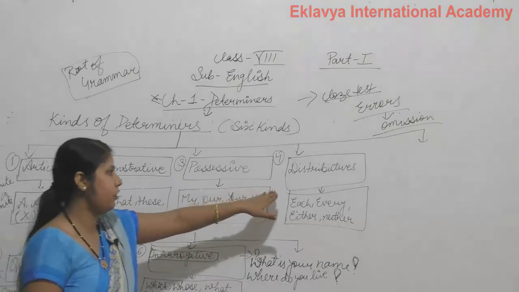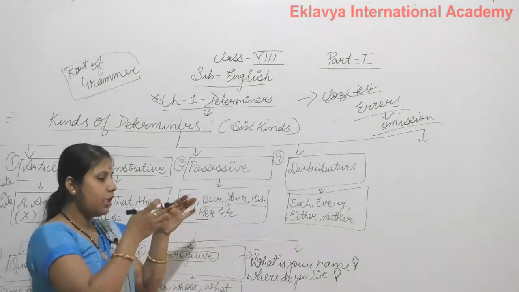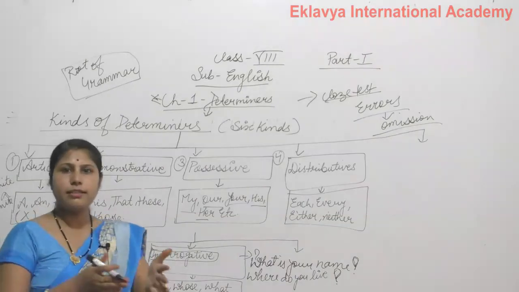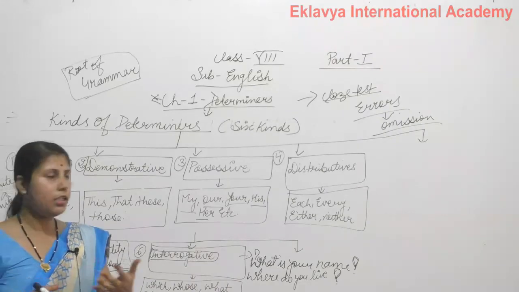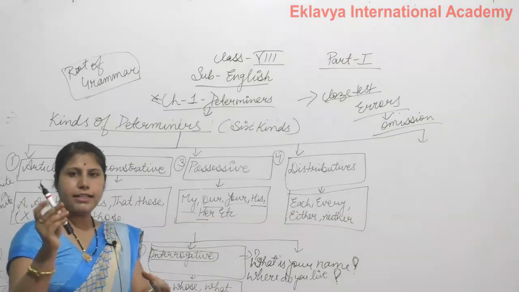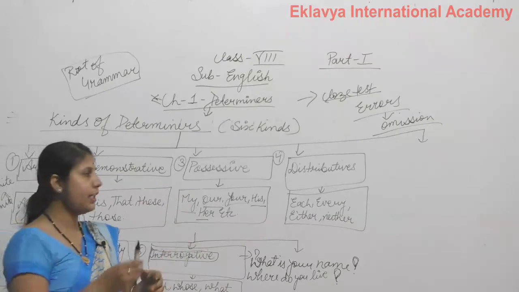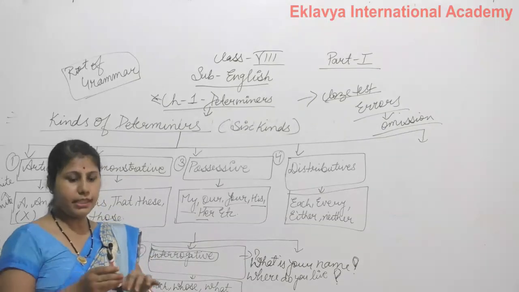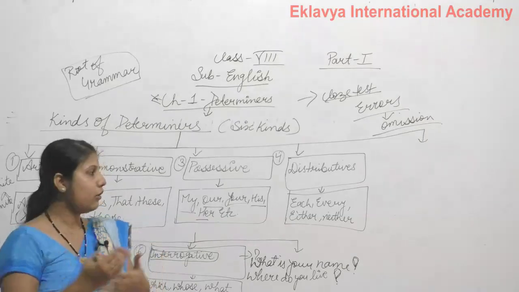Now the fourth one is distributive, when we distribute something, like distribute these apples to each student, and distribute these apples to every student. Suppose I give you an example: this is a pen and I tell some students to give this pen to every student. तो क्या हुआ? वो distribute कर रहा है, तो every आया.